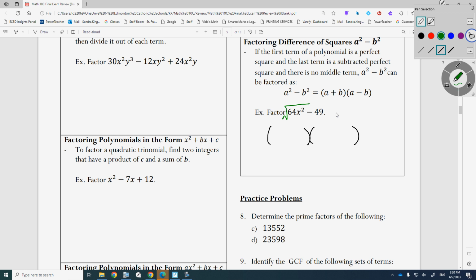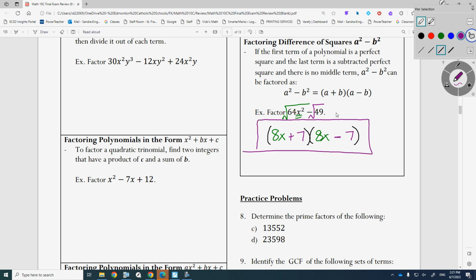What would the square root of that be? So say to yourself, what's the square root of 64? 8. What's the square root of x squared? X. Then take the square root of 49 and you'd get 7. One of these factors will get a plus and one of these factors will get a minus. Okay?